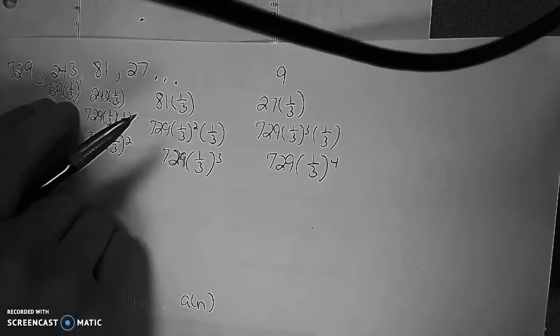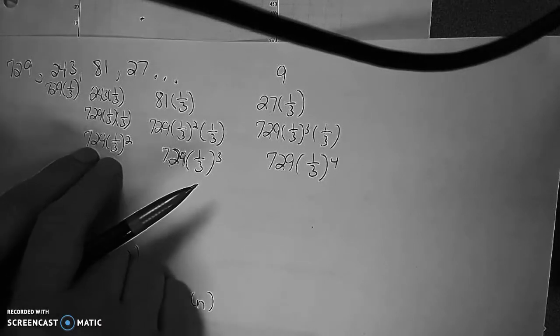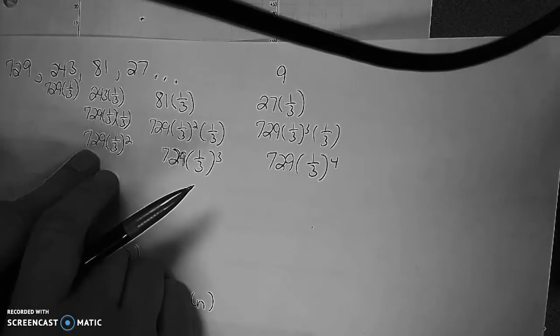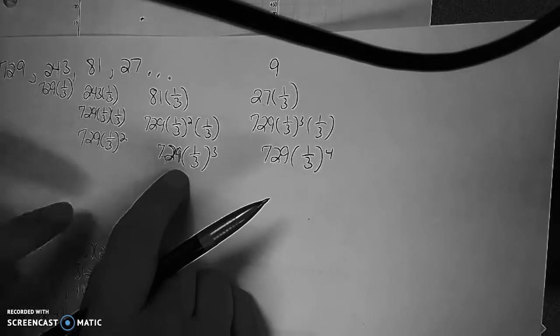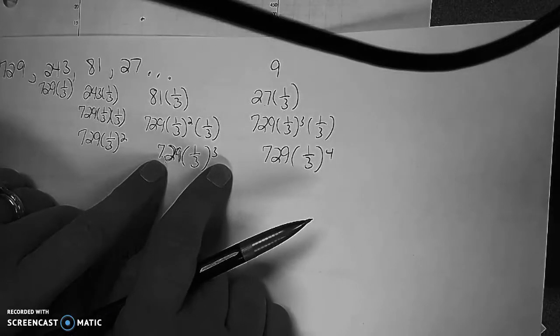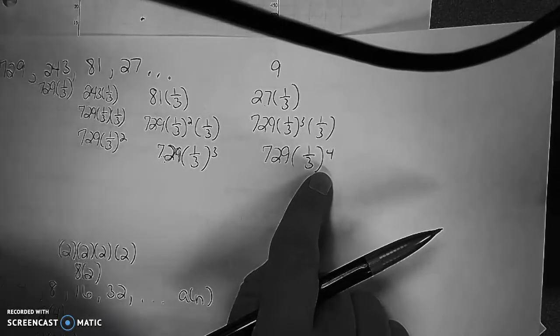To get the second term, I multiply by 1/3 one time. To get the third term, I multiply by 1/3 twice. To get the fourth term, I multiply by 1/3 3 times. To get the fifth term, I multiply by 1/3 4 times.